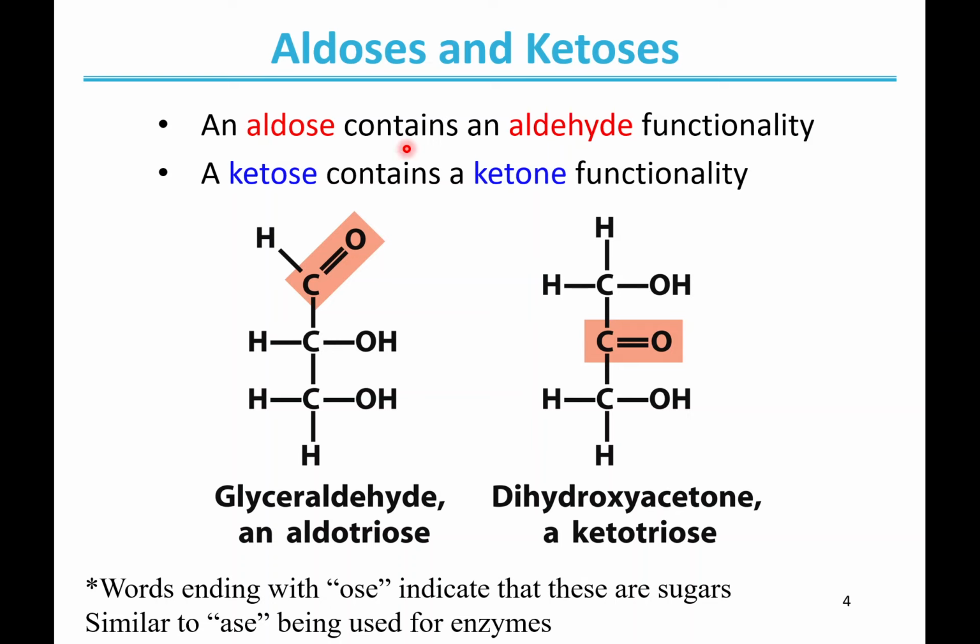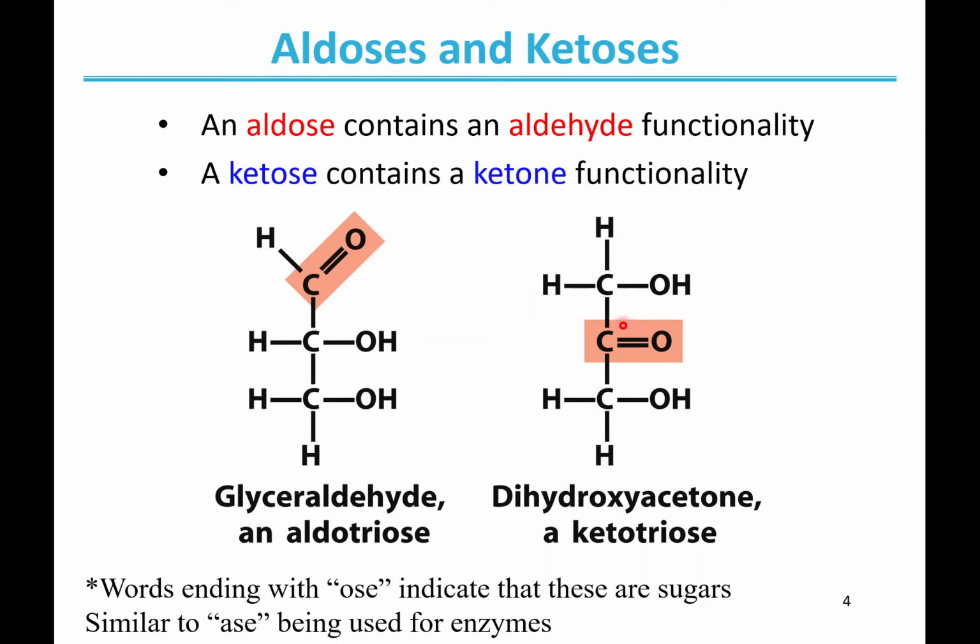These are the two types of sugars that we consider, and one is an aldose, glyceraldehyde, and when its carbonyl group is on the end, this functional group is an aldehyde. Okay, so we call sugars that have the carbonyl at the end of the chain aldoses. So glyceraldehyde is an aldose.